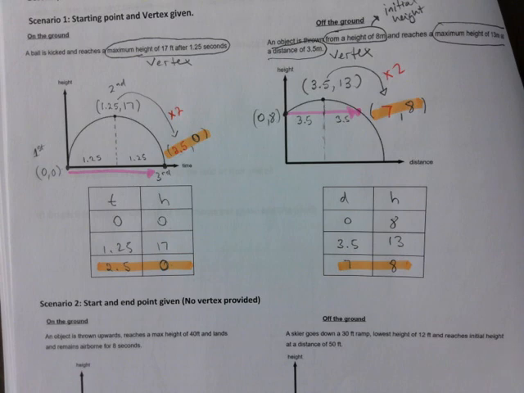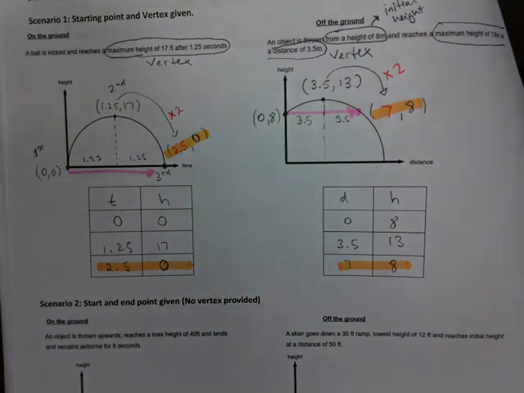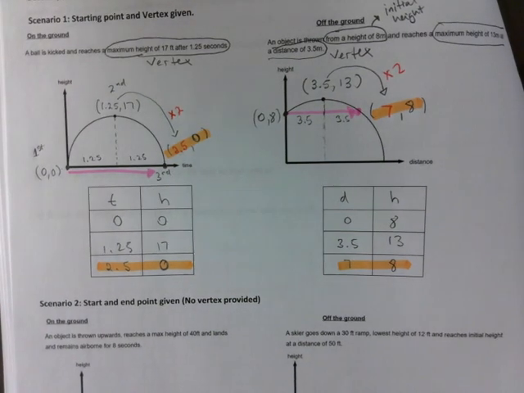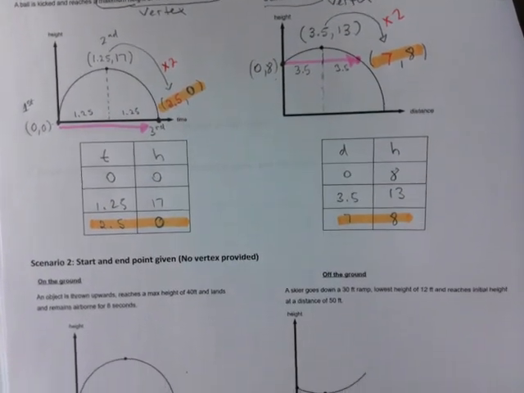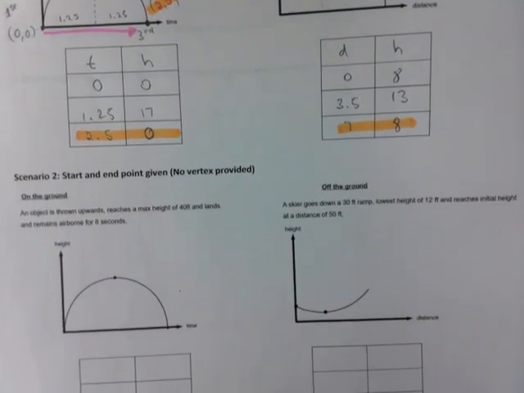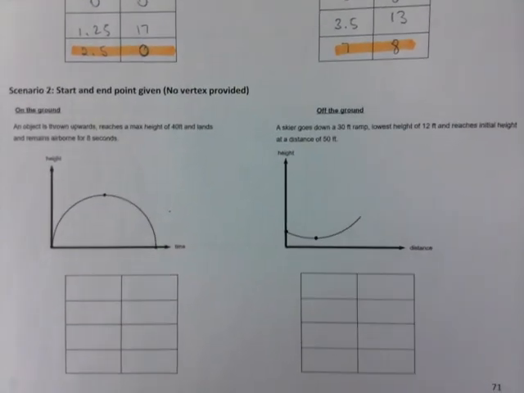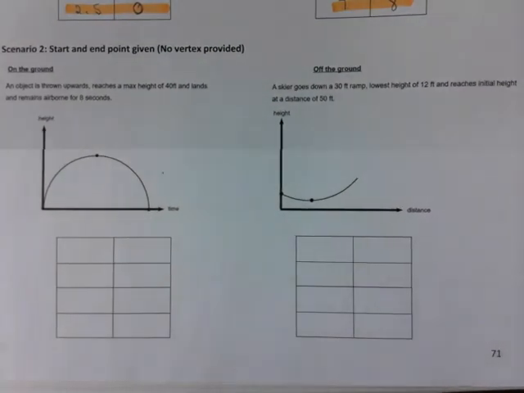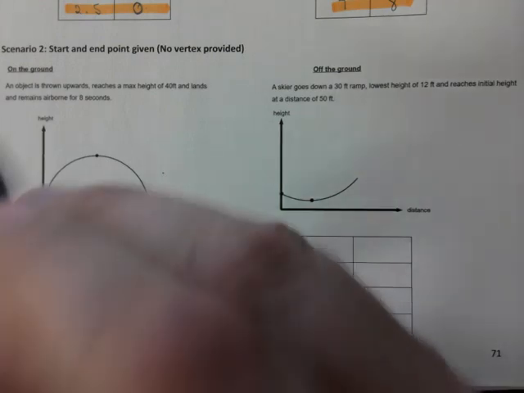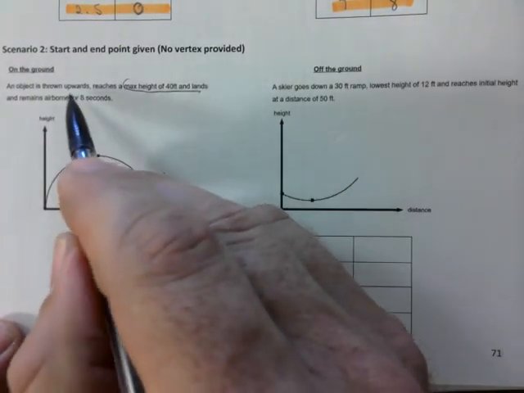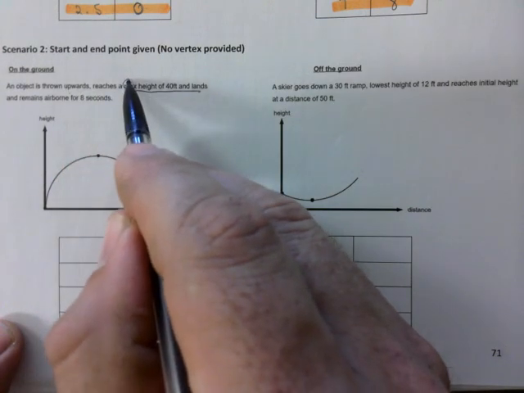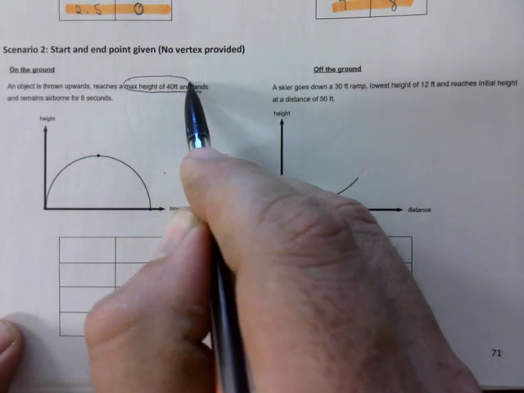So this is when you have the vertex given. We'll do a similar scenario when the vertex is not given, or at least the x value of the vertex is not given. So I'm going to travel down to the bottom half here, and I'm going to go a little faster on this one. So you're on the ground, and there's a max height of 40 feet.